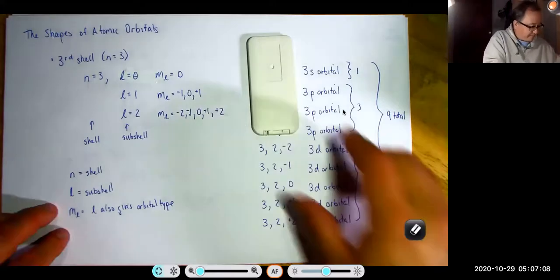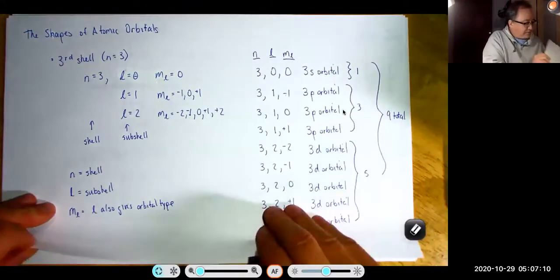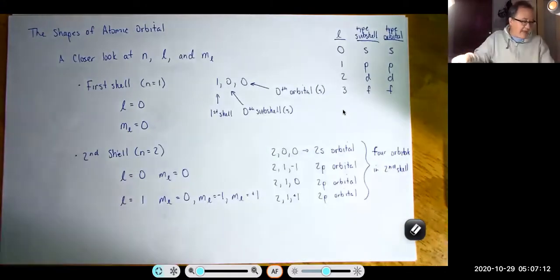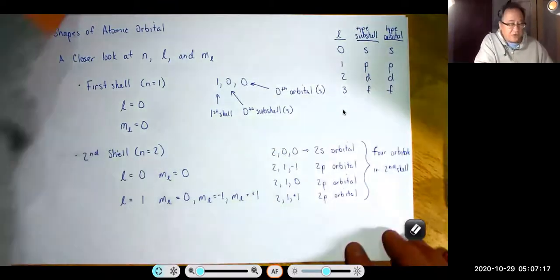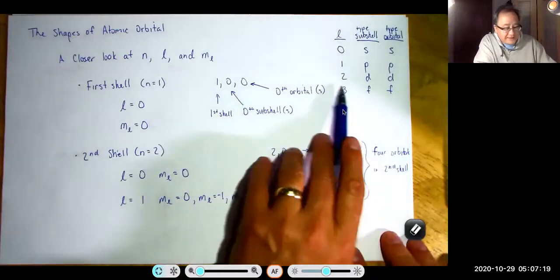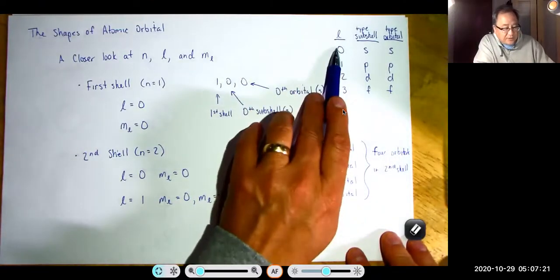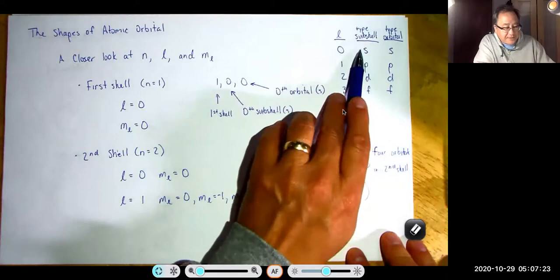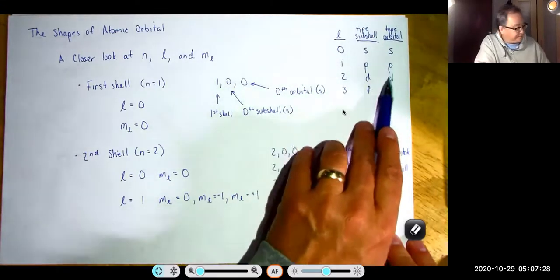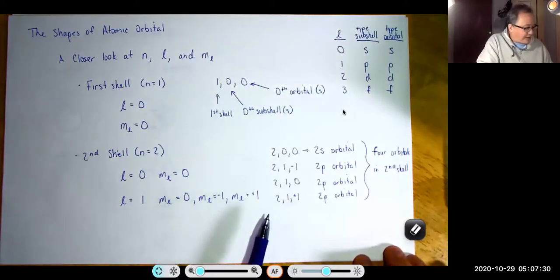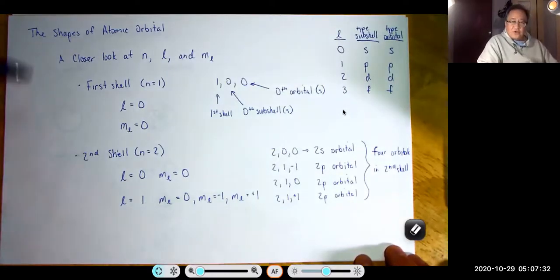Let's take a look again at what's going on. This is another look. You'll notice over here I have the little list 0, 1, 2, 3. The subshell type is SPDF, but now I've also put that the type of orbital is SPDF. Here we're looking at the earlier shells.